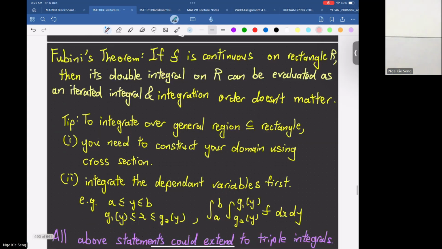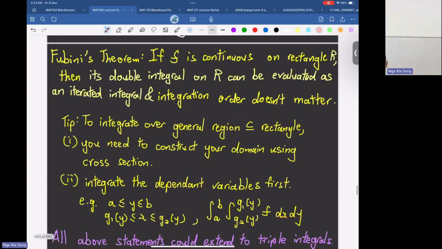And then we learned Fubini's. The other way to do integration is Fubini's. So Fubini's starts with what? A continuous function on a rectangle. You just know how to integrate on a rectangle. Why is the rectangle good? Because all your variables are bounded by constant numbers. And then it doesn't matter which integration you do first. You can do dx dy or dy dx.